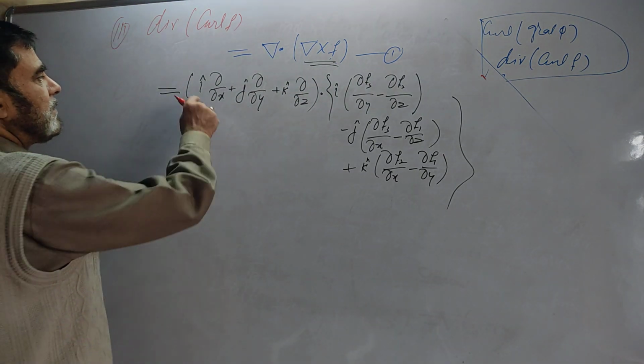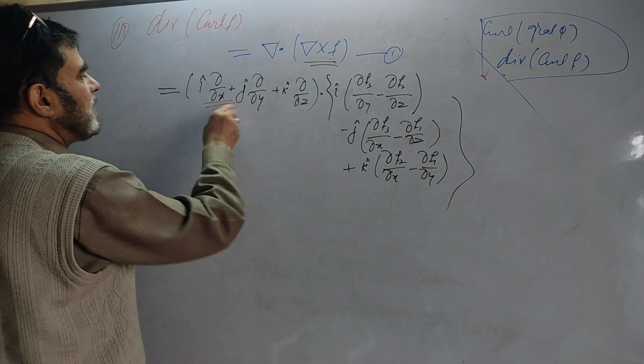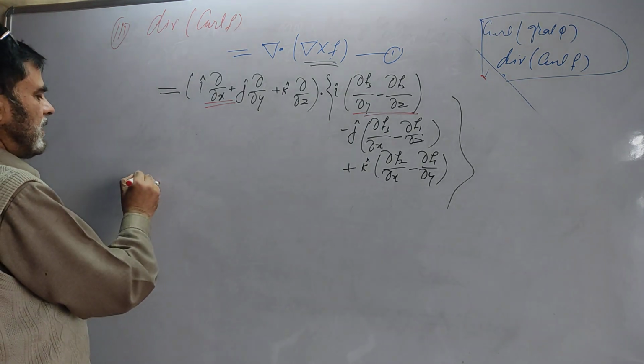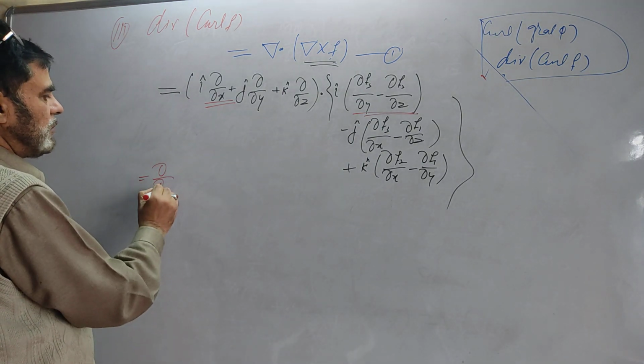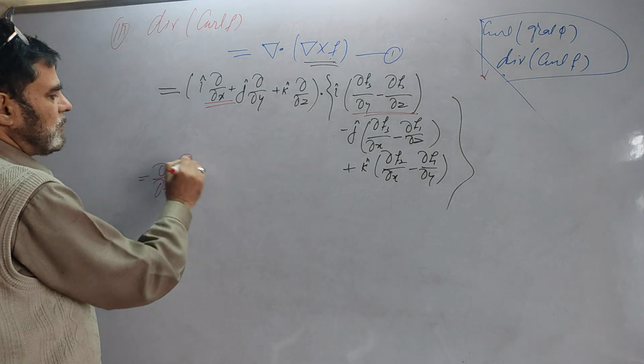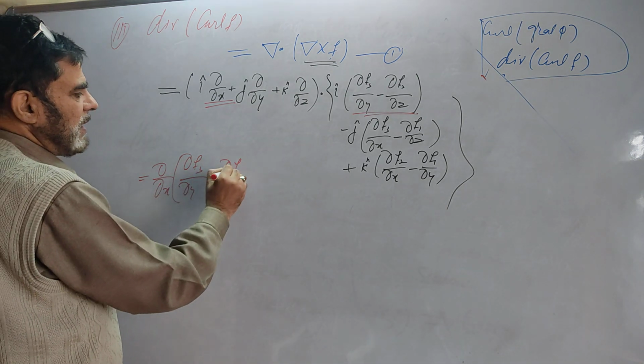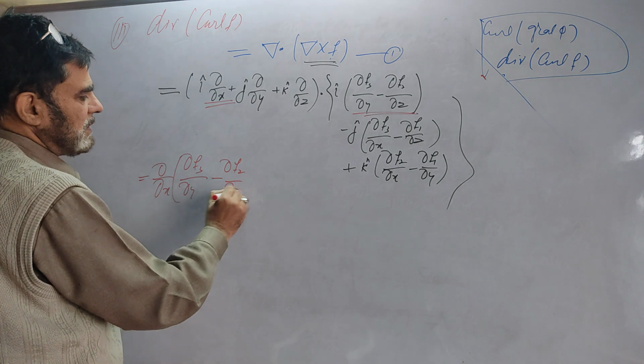When I operate dot, I dot I, this is coefficient of this, in case of dot product, you know, is directly multiplied by this. It is dou by dou x of dou f3 by dou y minus dou f2 by dou z.